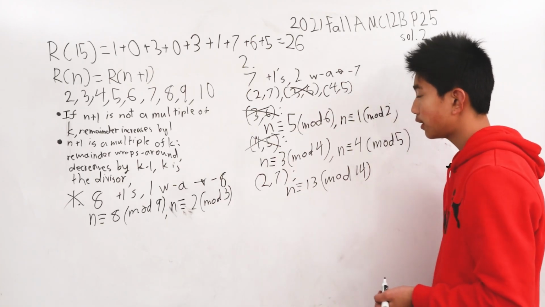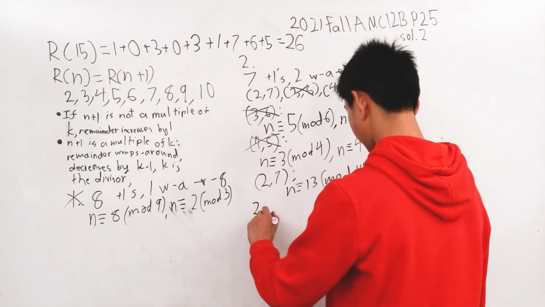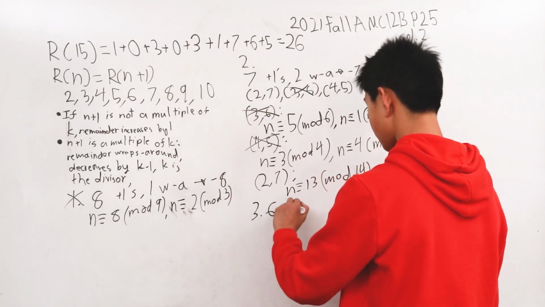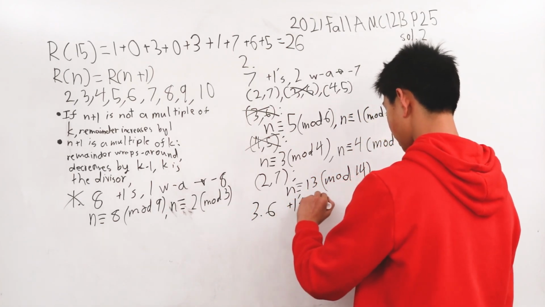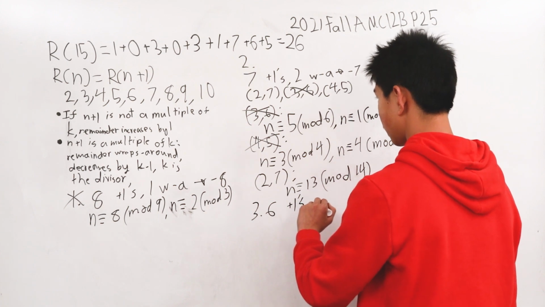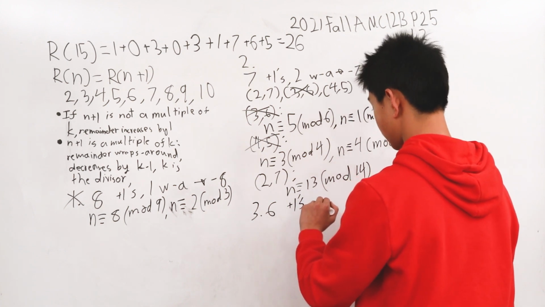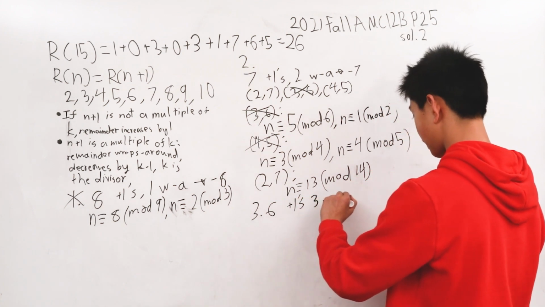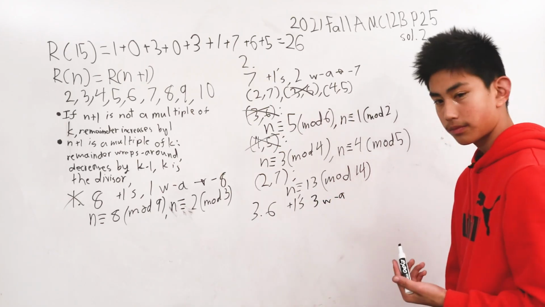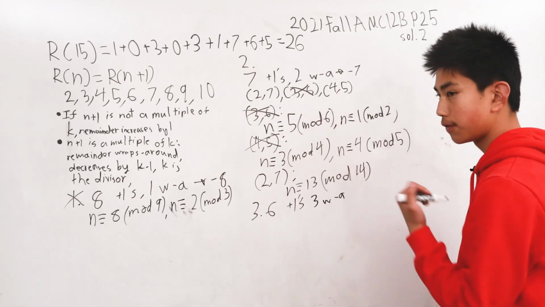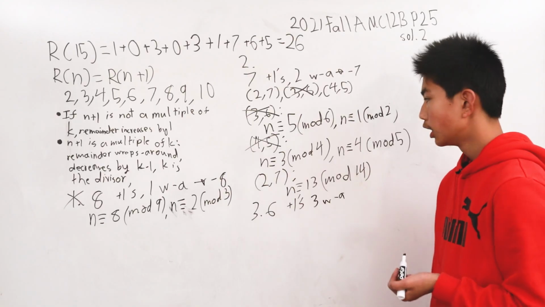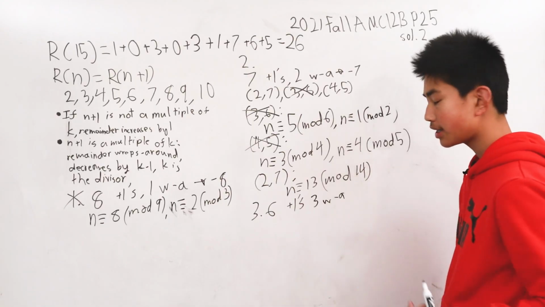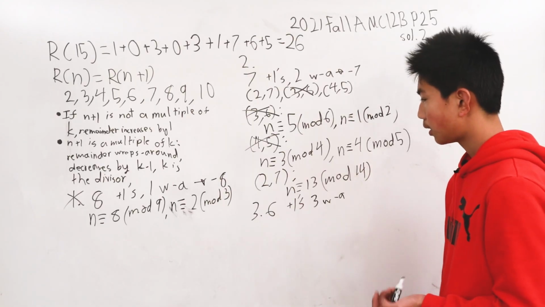And if we go on to the third case, we have 6 plus 1's and 3 wraparounds. Well, our only case is 4, 3, and 2. But these can get really messy and contradicting.